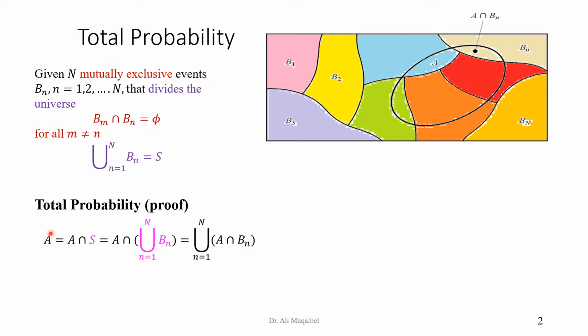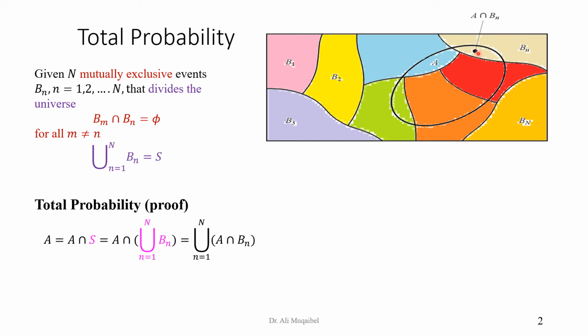So we're saying here A, the set A, which is shown here, of course it's equal to A intersection with the universe. If you intersect, you get again A. But we can replace the universe with the union of all the individual events. And now, using the property, I can take the union outside, which says that if you want to find A, you can divide A into smaller pieces, which is shown here.